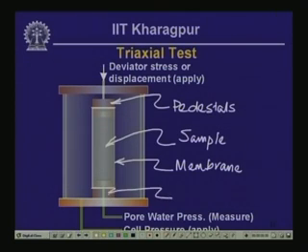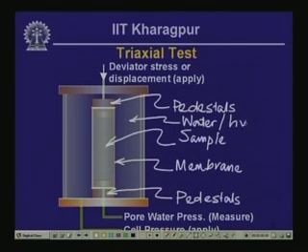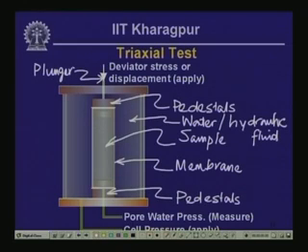So, those are the pedestals, and then we enclose this element within a bath of water or hydraulic fluid, and this particular fluid is pressurized, and we then through a plunger near the top apply a deviator stress or apply a stress in addition to the cell pressure.